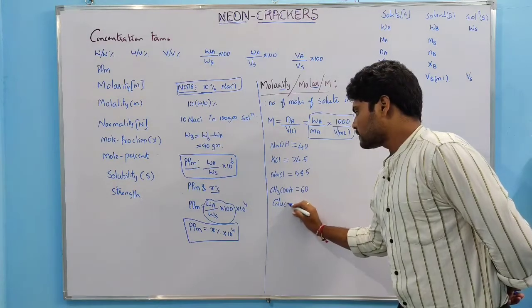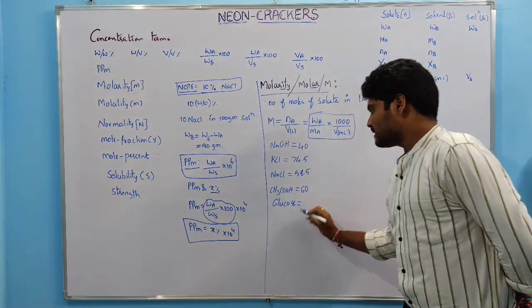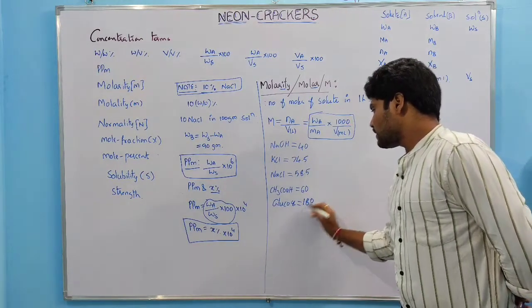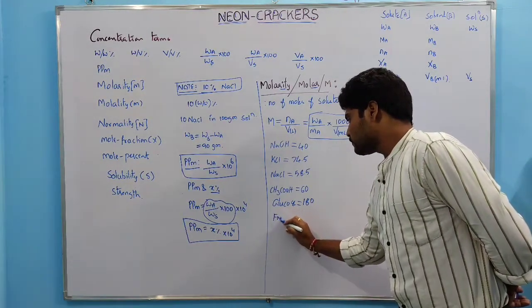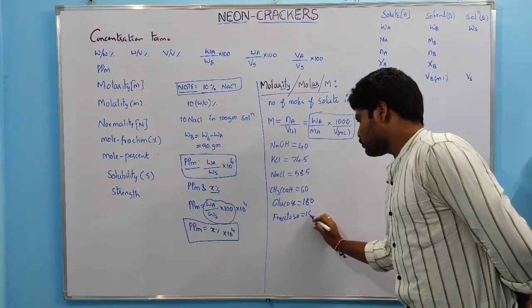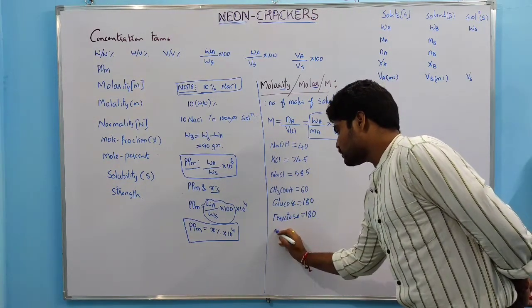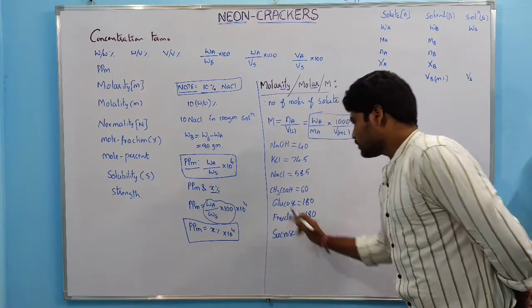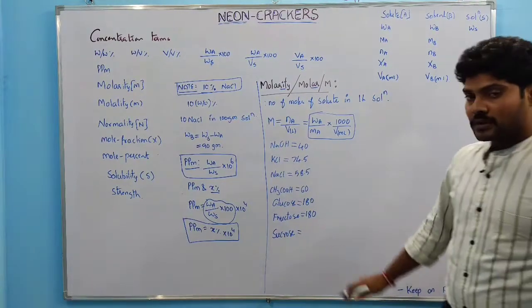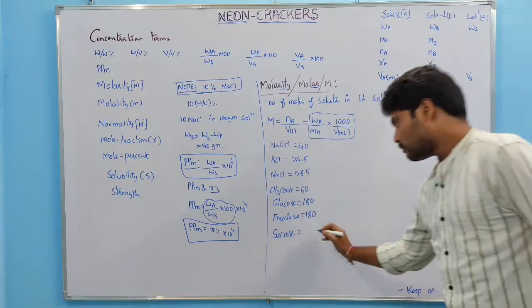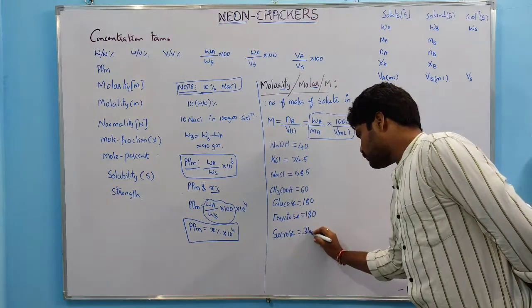Next, glucose, C6H12O6, 180 is the molar mass. Fructose, how much beta? Same molecular formula, that's why same molar mass. And next is sucrose, a condensation reaction between glucose and fructose, so 180 plus 180 is 360, minus 18 for the water molecule, so it comes to 342.